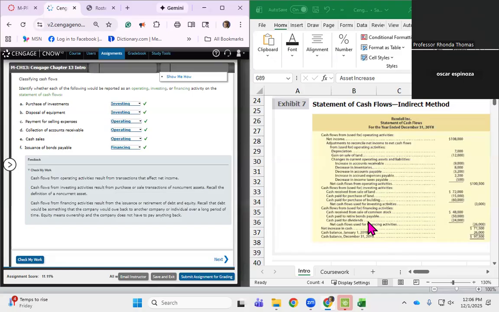That's what that section is. And one more time, the operating section is basically your income statement. Everything that has to do with the income statement, anything to do with sales and costs. All right, let's go on to the next one.